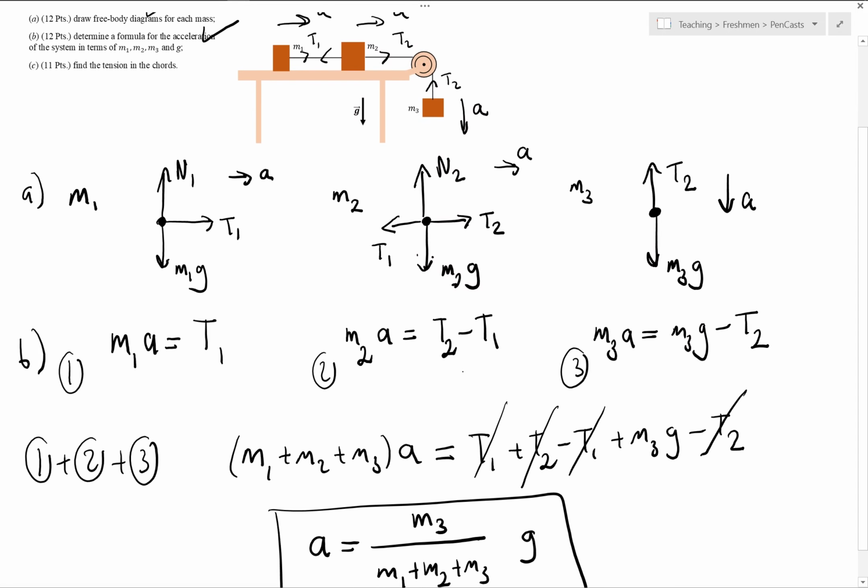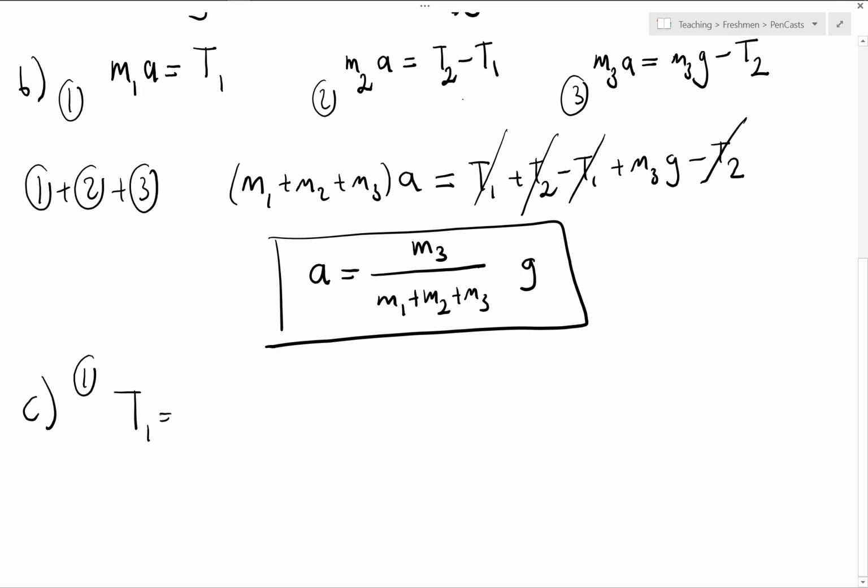How about finding the tension in the cords? T1 from the first equation above is M1A, which is M1 times M3 divided by M1 plus M2 plus M3, times G. How about T2?